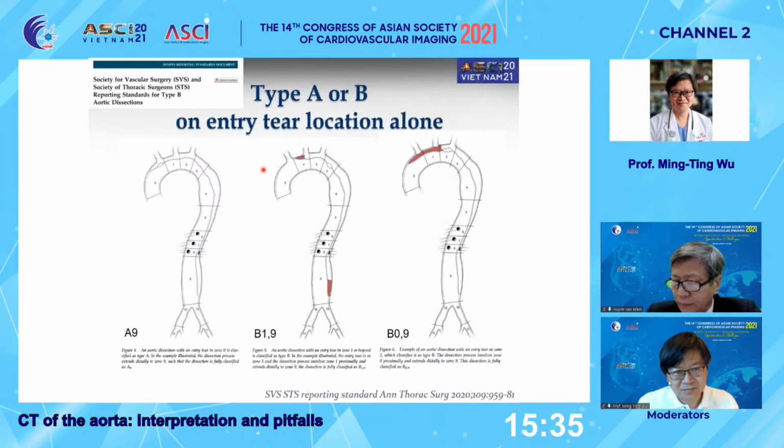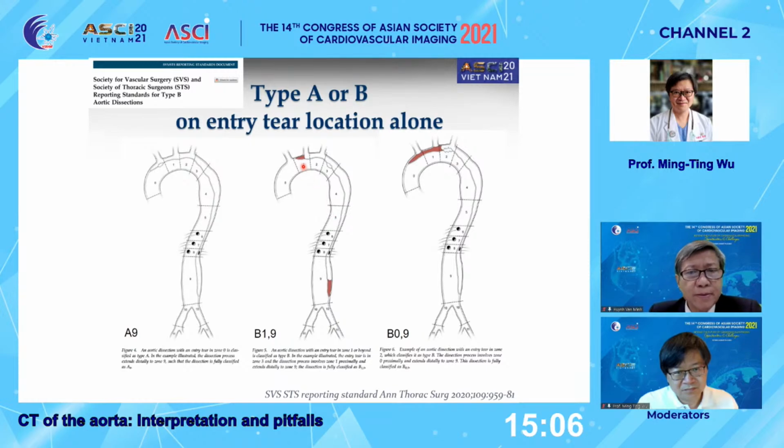However, in 2020, the Society for Vascular Surgery and the Society of Thoracic Surgeons proposed a new classification which solely depends on the entry tear location. That means, for this case, the entry point is at the ascending aorta and it extends to segment 9, so it's A9.